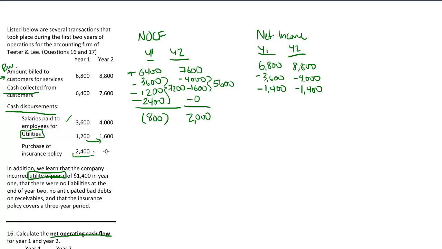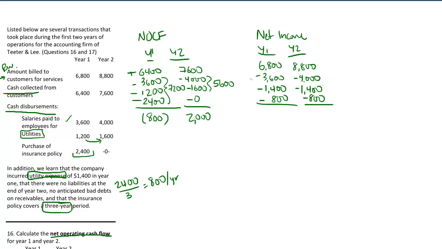Finally, the insurance policy, we paid $2,400 cash, and this covers a 3-year period. So if we take 2,400 and divide it by 3, that gives us $800 per year, which means that our expense from year 1 is going to be $800, our expense in year 2 is also $800.